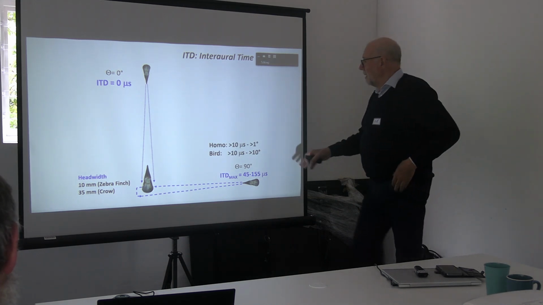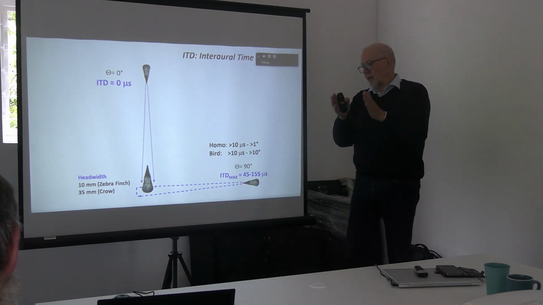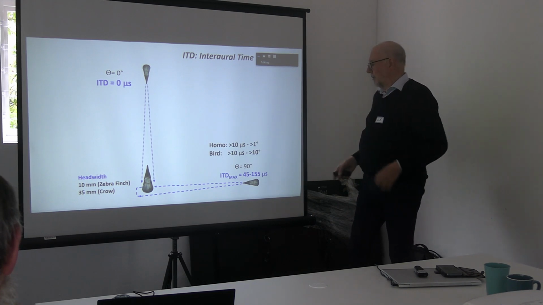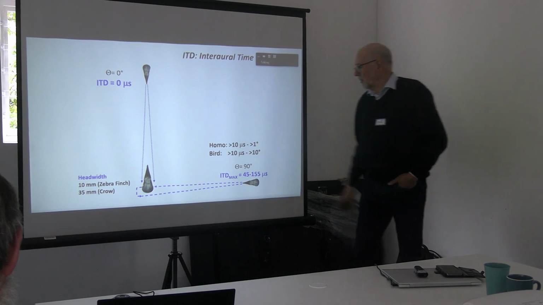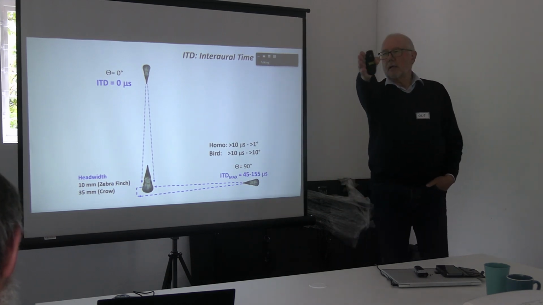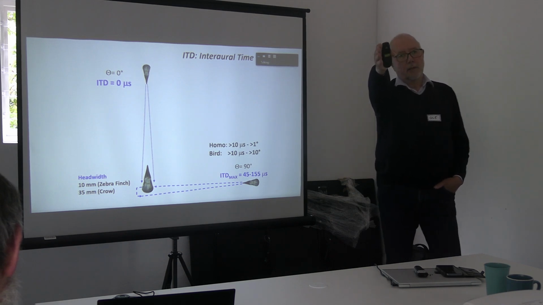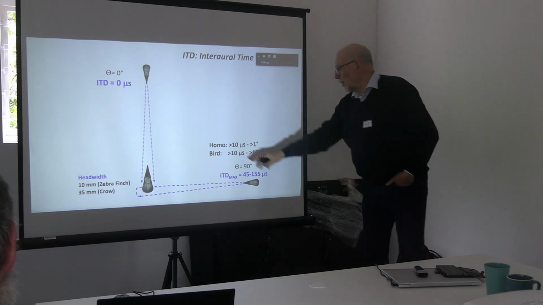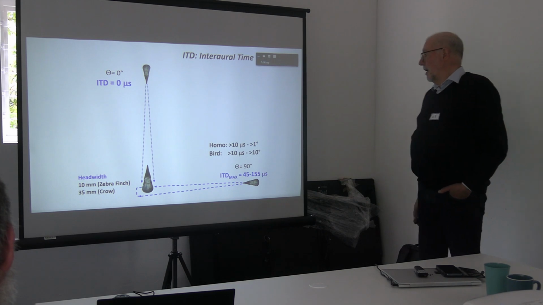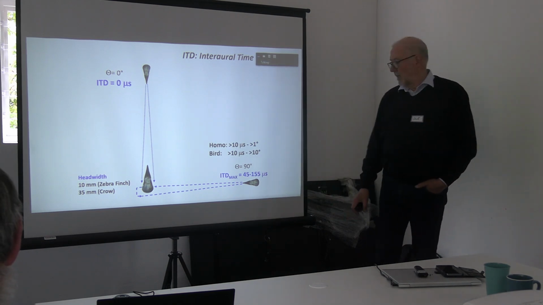If we are able to resolve 10 microseconds, 10 millionths of a second, with our head, then we'll be able to resolve direction differences of about one degree, whereas a bird with its head would be inaccurate by about 10 degrees.